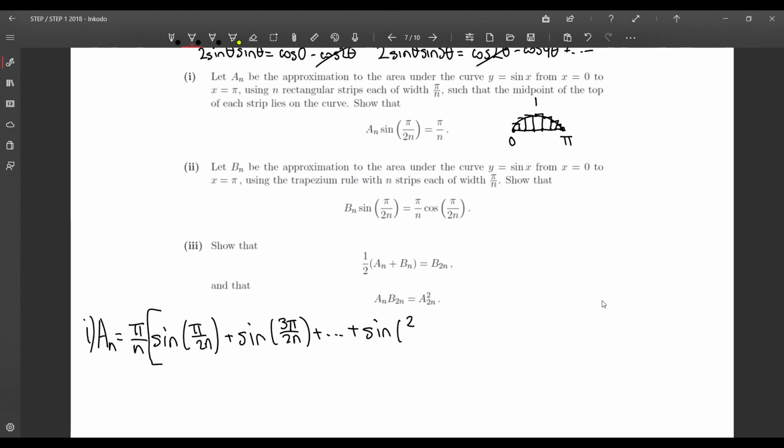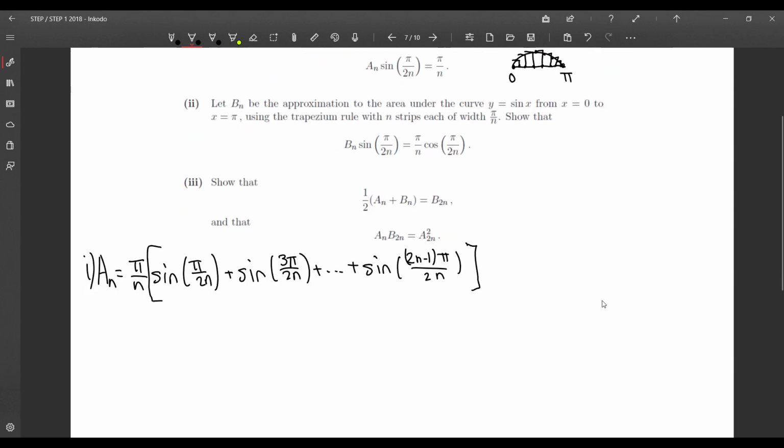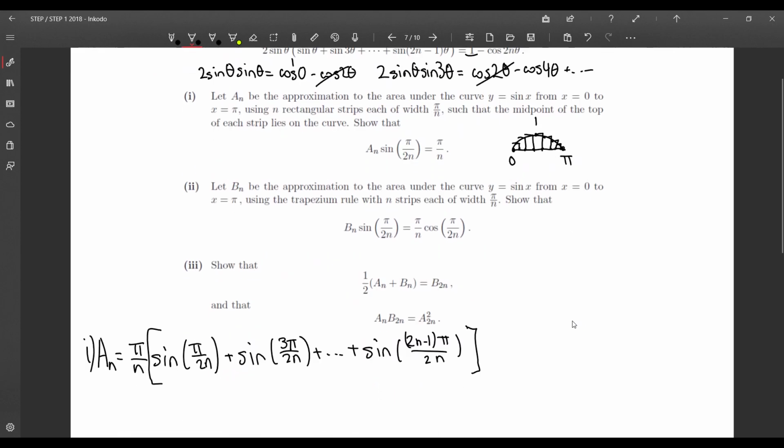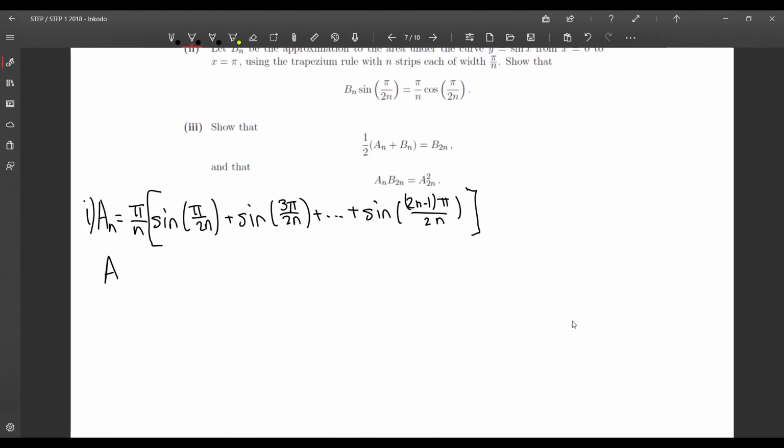So this is going to be 2n minus 1 pi over 2n. And then when we multiply by this sine of pi over 2n, we apply the above rule. And so we get A sub n sine of pi over 2n is pi over n times 1 minus cosine of 2n times pi over 2n.